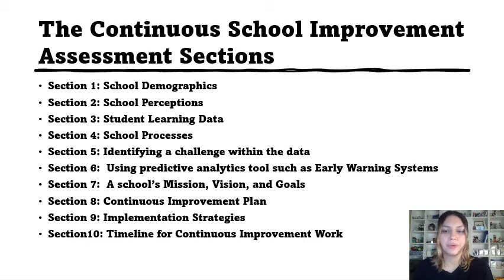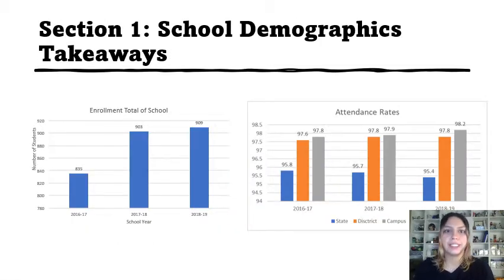Section 1 is school demographics, Section 2, school perceptions, Section 3, student learning data, Section 4, school processes, Section 5, identifying a challenge within the data, Section 6, using predictive analytics tools such as early warning systems, Section 7, a school's mission, vision, and goals, Section 8, continuous improvement plan, Section 9, implementation strategies, and Section 10, a timeline for the continuous improvement work. We're going to go ahead and get started with Section 1.